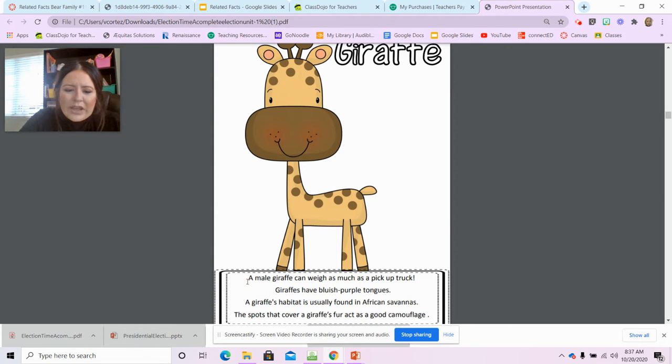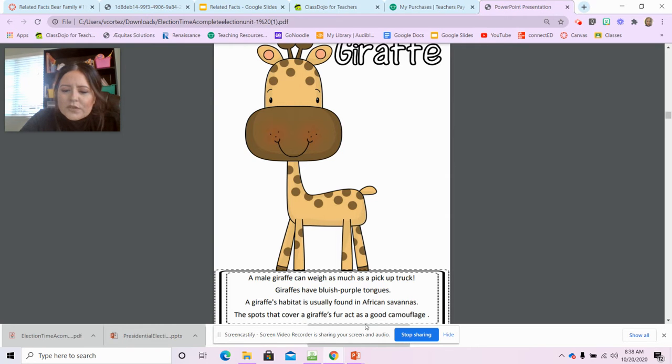A boy giraffe can weigh as much as a pickup truck. Whoa, that's heavy, right? As much as a truck. Giraffes have bluish purple tongues. A giraffe's habitat is usually found in African savannas. So we might find the giraffe in Africa.